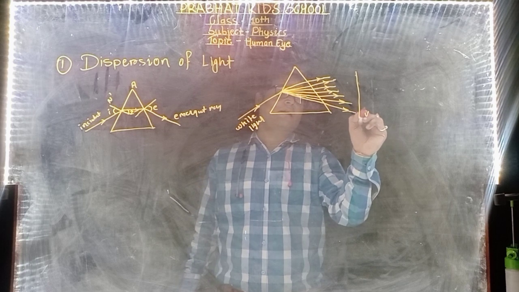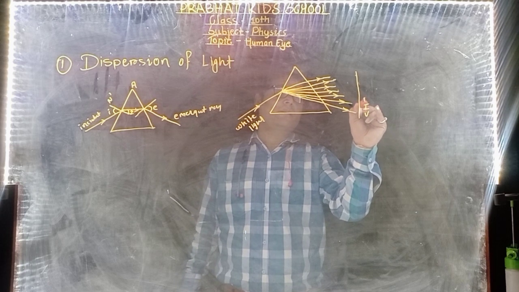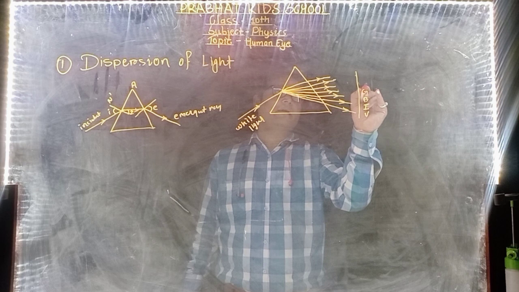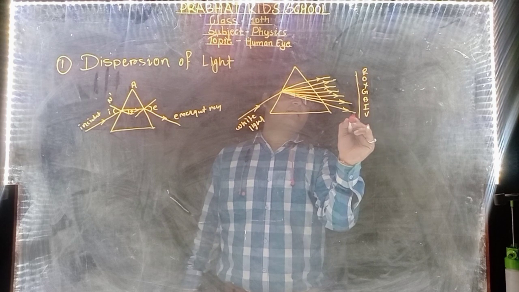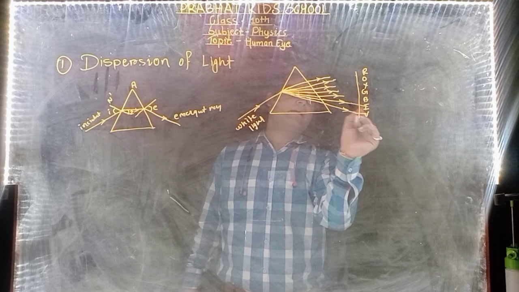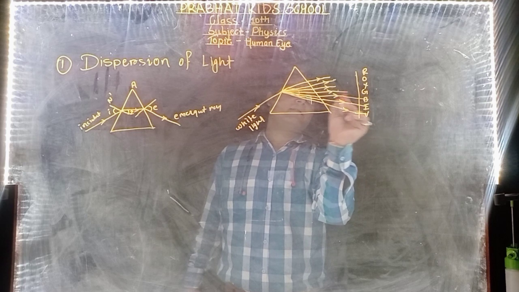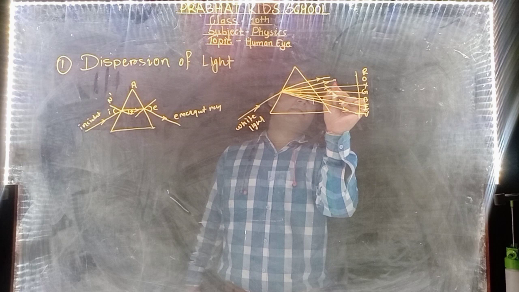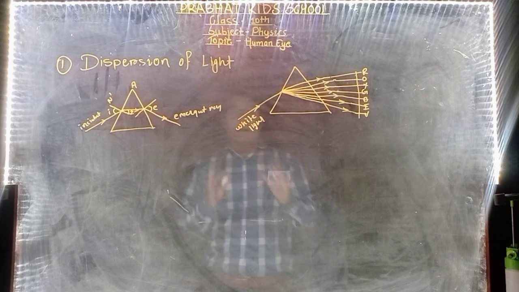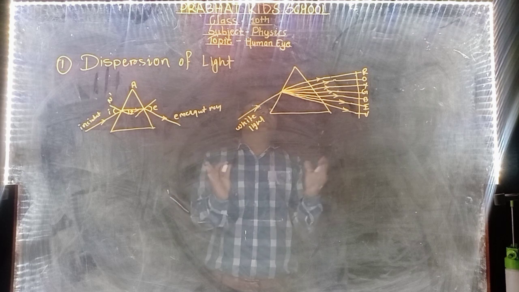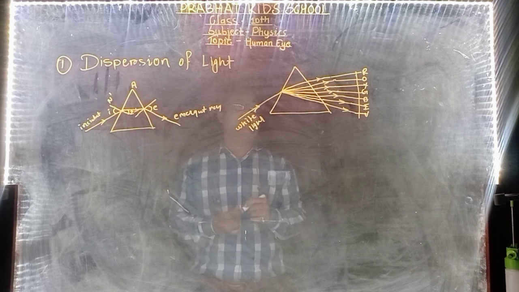First color is violet, indigo, blue, green, yellow, orange, red. This color is violet, this is indigo, this is blue, this is green, this is yellow, this is orange, and this is red. So dear student, splitting up of white light into 7 constituent colors is called dispersion of light.